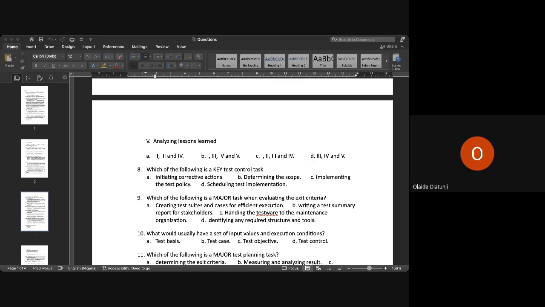So I know test monitoring and control is an activity or a process, rather. Knowing the activity involved in a test project.